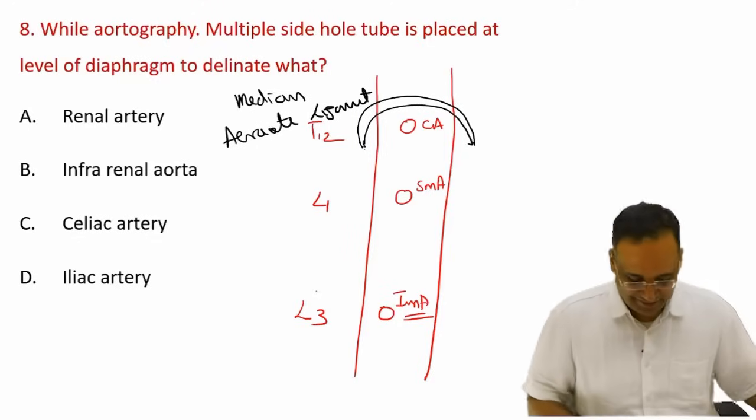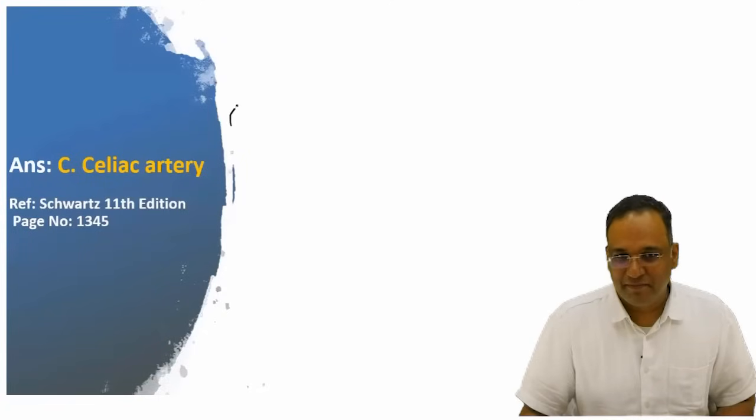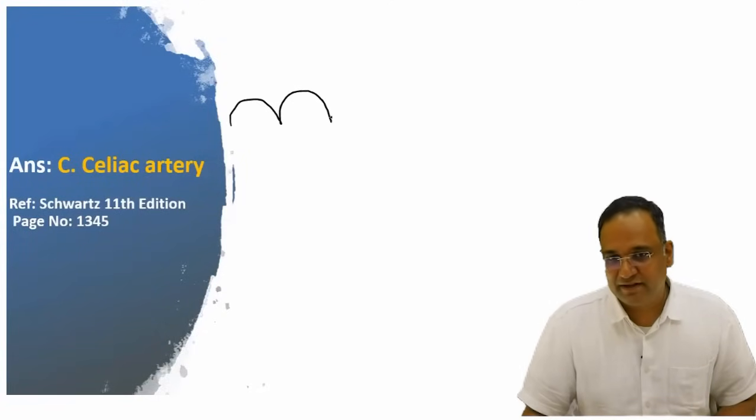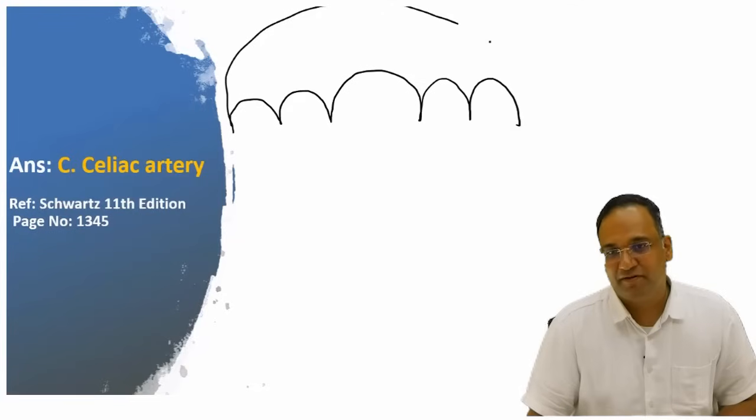You can ask me, sir, can you tell me a little more? I will tell you. Lateral arcuate ligament, medial arcuate ligament, and median arcuate ligament. Now I will draw the diaphragm for you. What I have drawn is the inferior surface of the diaphragm.